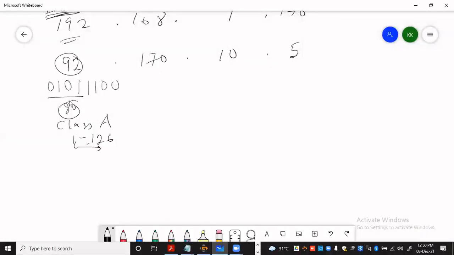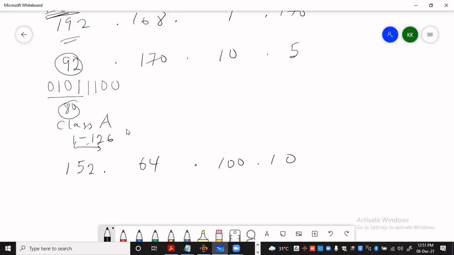So always the first octet and its 4 bits will determine which class of IP address you're going to belong to. Here's an example: 152.64.100.10.